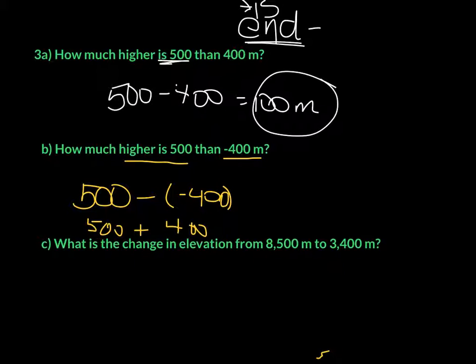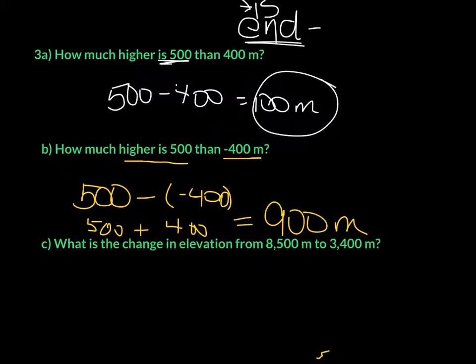So 500 plus 400. Well, that's easy enough. If you get a little confused, you should know what 5 plus 4 is, which is 9. So applying that, I know that 500 plus 400, of course, is 900. And we're looking at meters here, so the final answer is 900 meters.